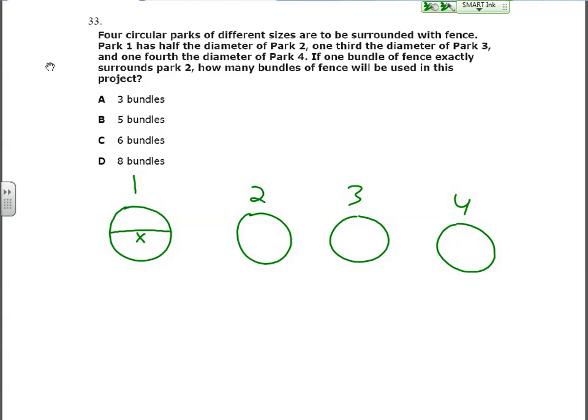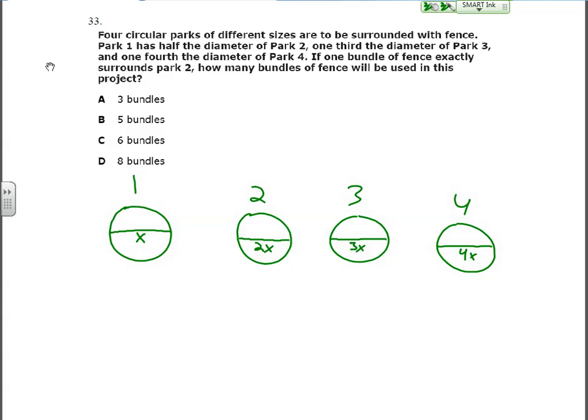So if this one is half the diameter of Park 2, what's the diameter of Park 2? 2x. Okay, and if Park 1 is 1/3 the diameter of Park 3, what's the diameter of Park 3? 3x. And if Park 1 is 1/4 the diameter of Park 4, what's the diameter of Park 4? 4x. Okay?